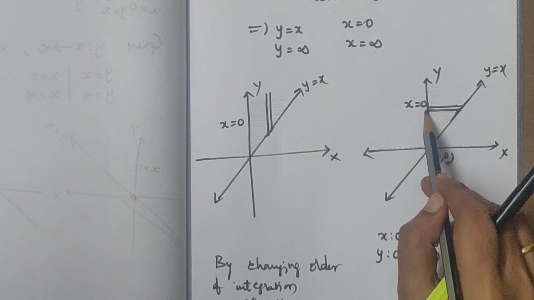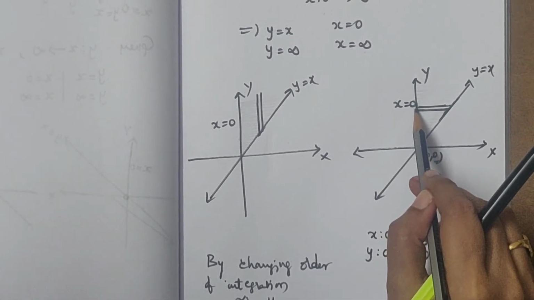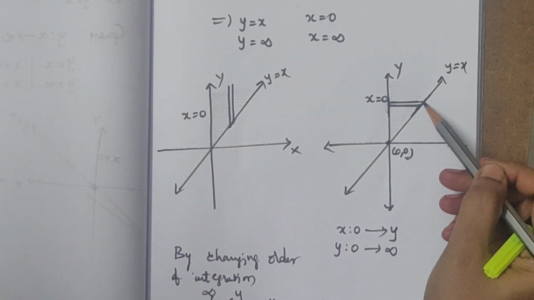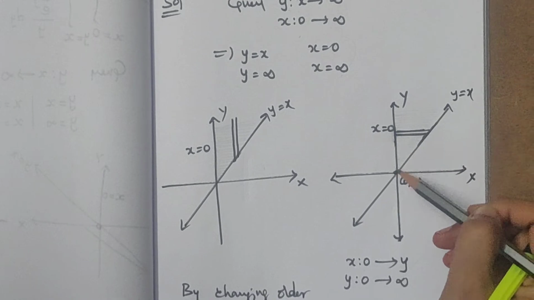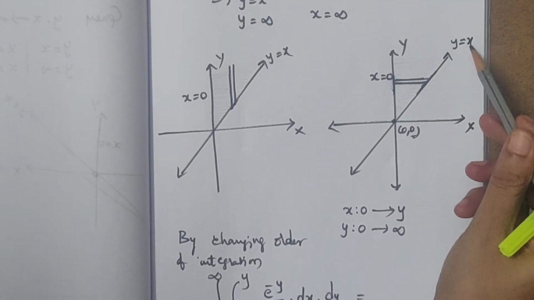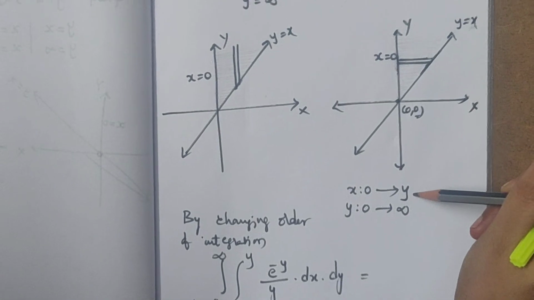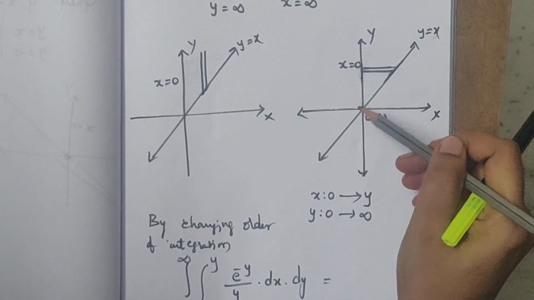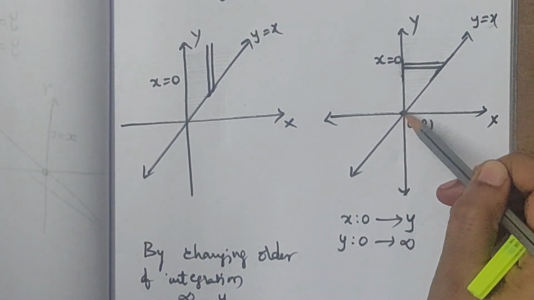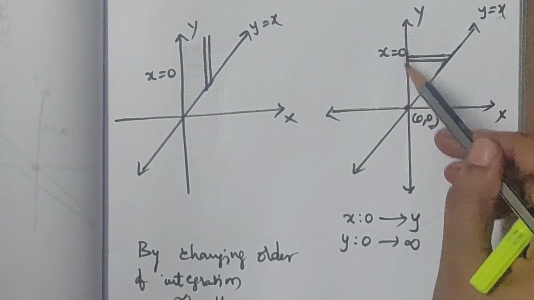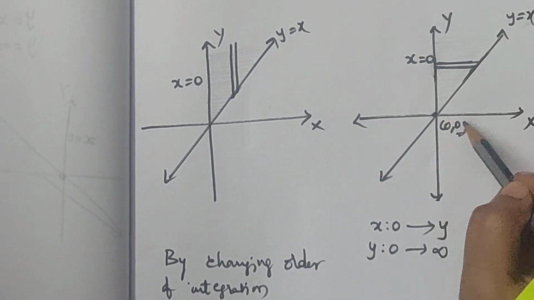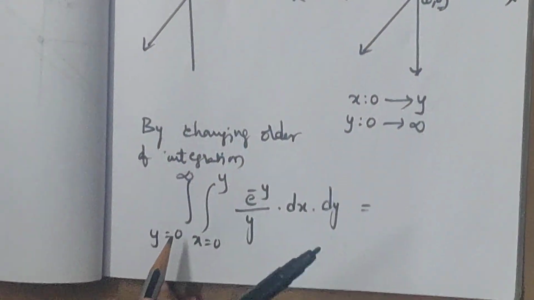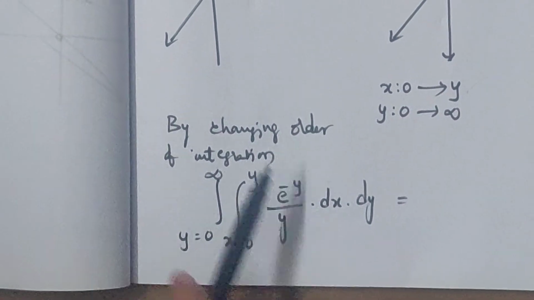Its first end touches the y-axis, whose equation is x equal to 0, so x limits are from 0 to y, since the other end touches the line y equal to x. Now we require y limits. Along the y-axis, the region varies from the origin, where y is 0, to infinity. So by changing the order of integration, you get this.